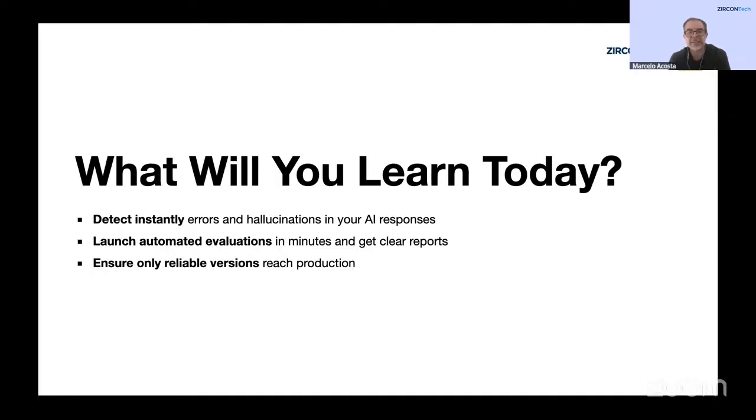Second, setting up automatic evaluations quickly. Instead of spending weeks building evaluation systems, we'll show you how to go from doubt to certainty in minutes. And third, creating a reliable quality gate for production deployments. The goal is to move from guessing whether the AI is working to actually knowing that it is working.